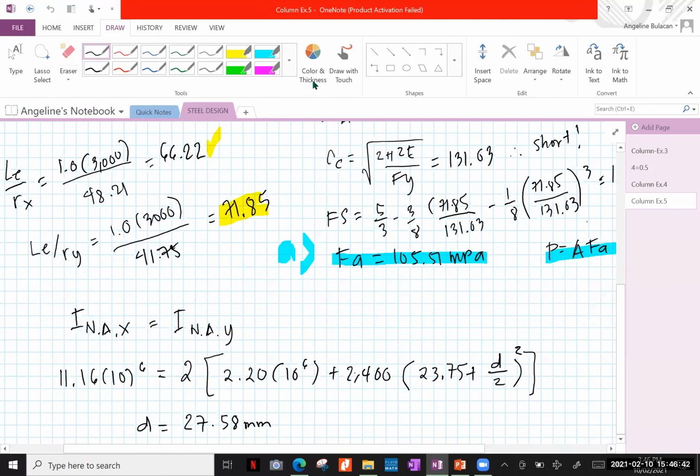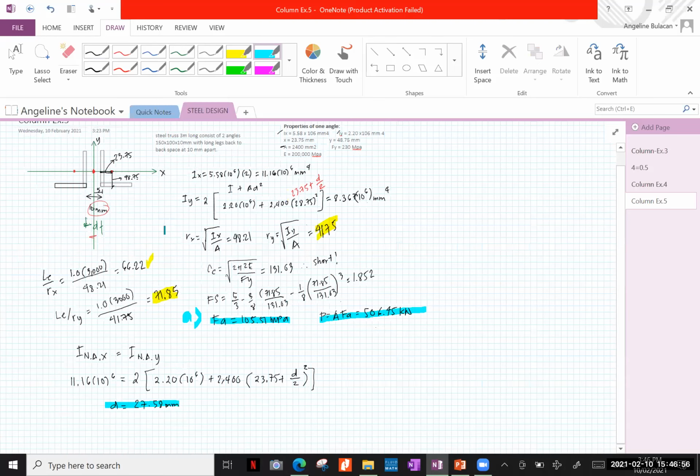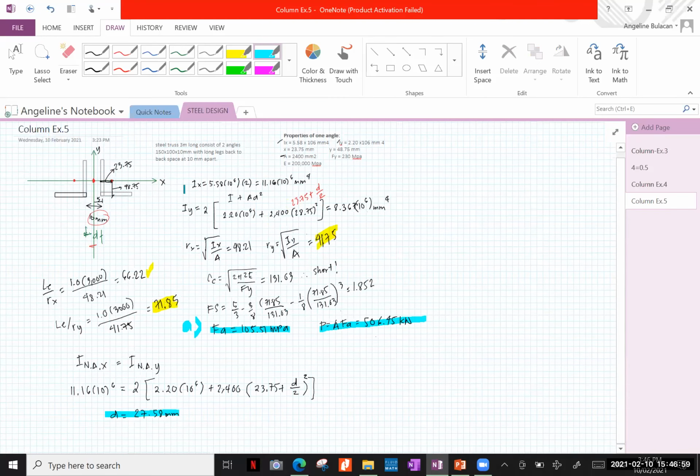Okay, so we have now solved for your letter A, letter B, and letter C. Key for solving a problem is you need to be able to visualize the problem first para may start kayo. If yung problem is hindi symmetrical or you would need to have a change sa centroid or mag-transfer sa centroid, kailangan nyong ilagay yung x and y axis para ma-figure out nyo kung alin ba yung kailangan nyong i-transfer.